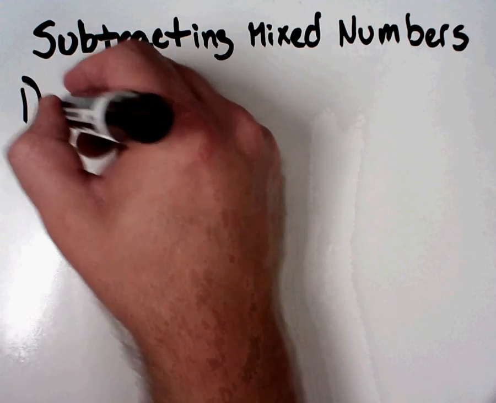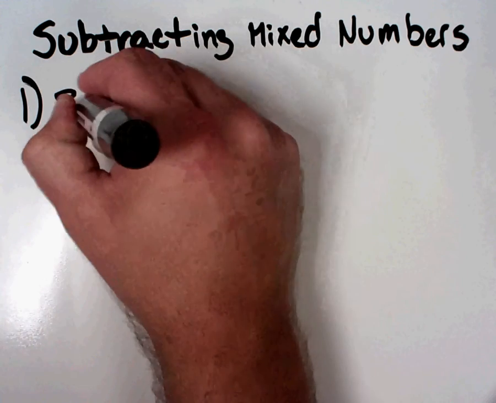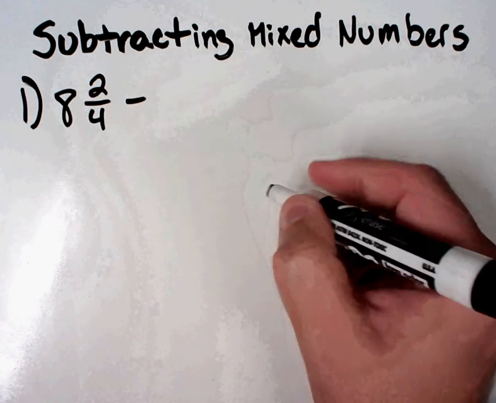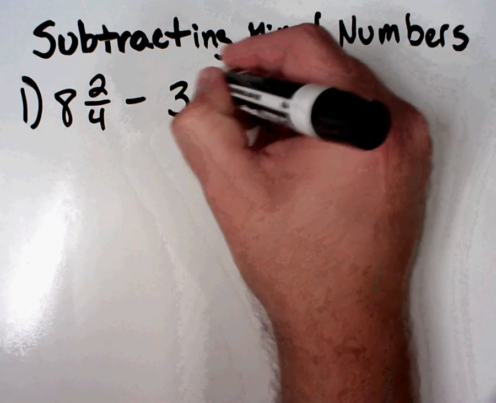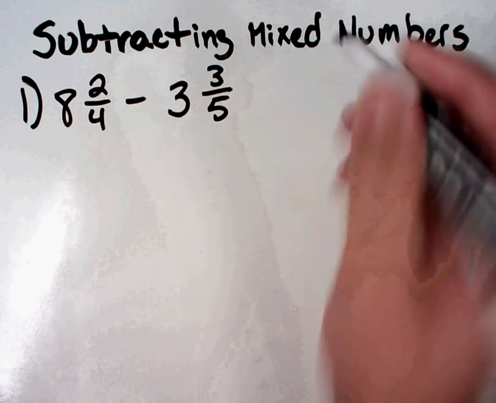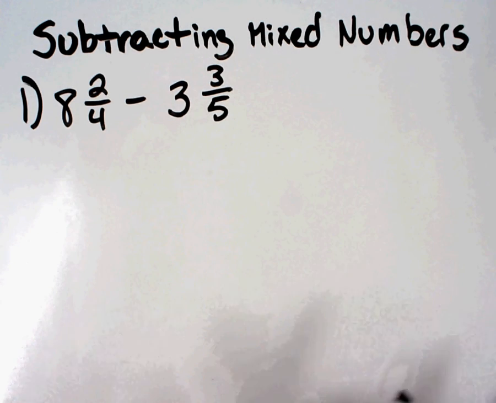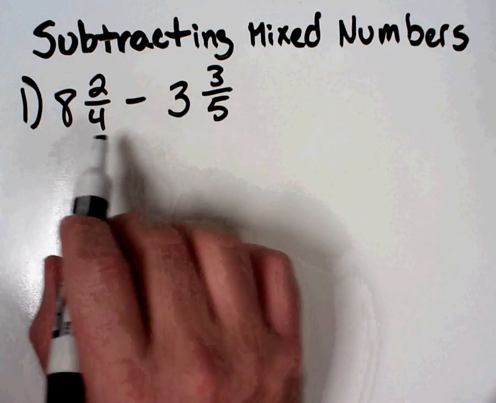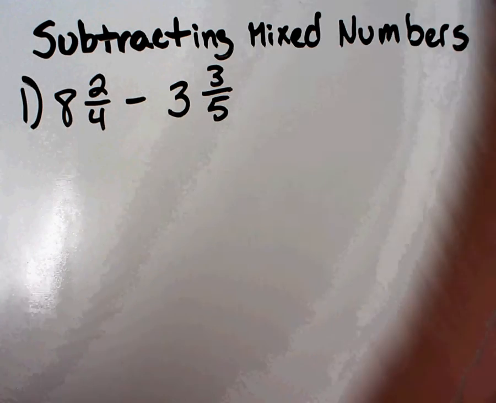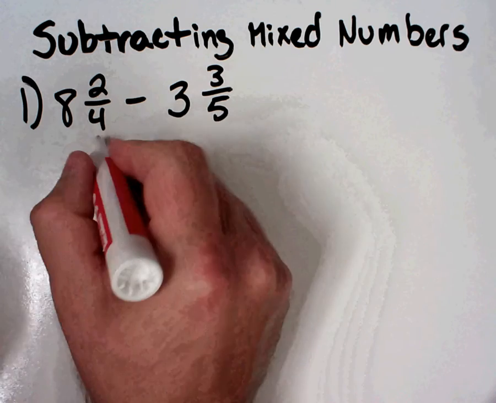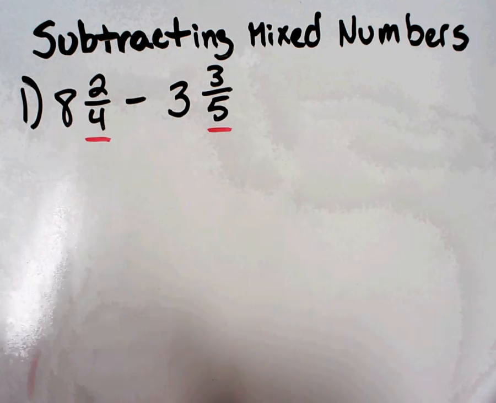We're going to start out with 8 2/4 minus 3 3/5. The first thing I have to recognize here is that I have unlike denominators, and I'm going to have unlike denominators on all of these problems.